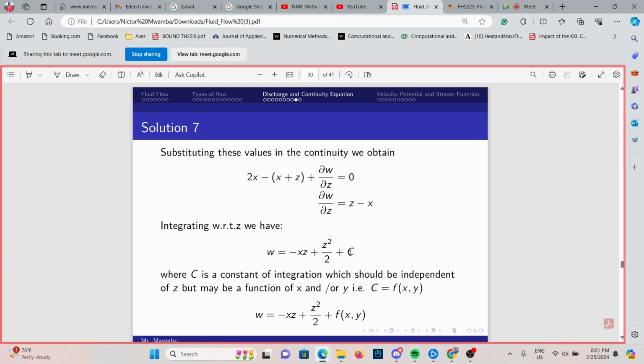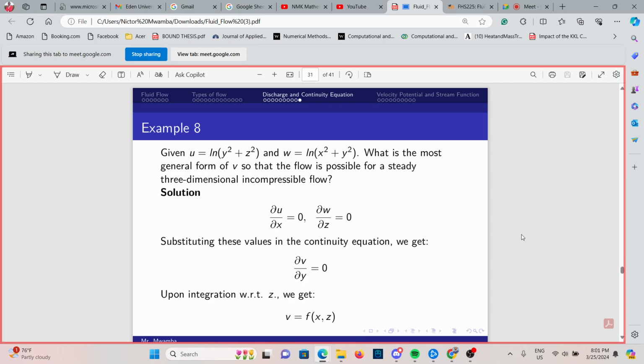Substituting, assuming that the constant is a function of x and y, because that is the best assumption that you can make, you end up with w being equal to negative xy plus z squared plus f(x,y). This is the velocity component along the z direction. Using the continuity equation to obtain the missing velocity component.